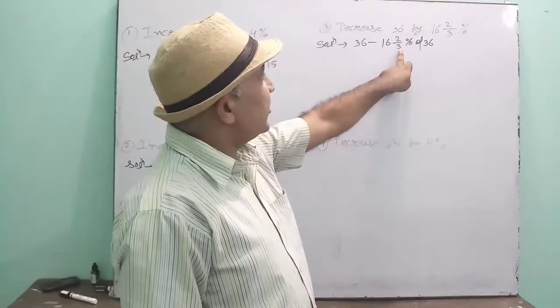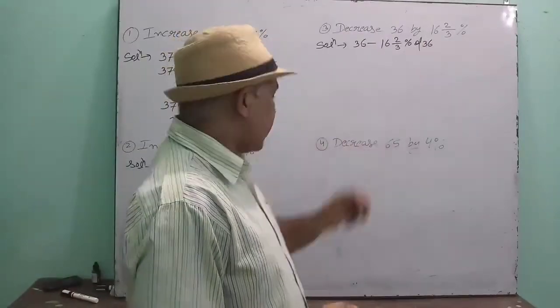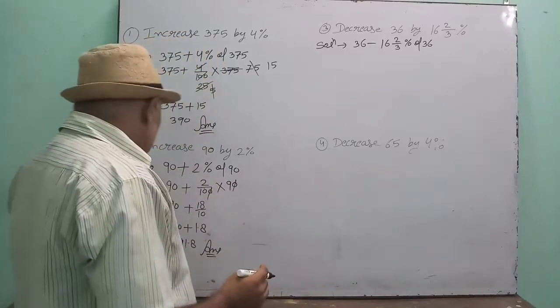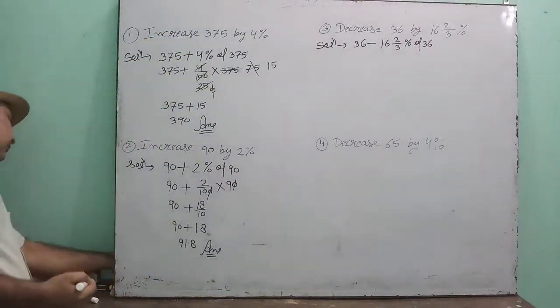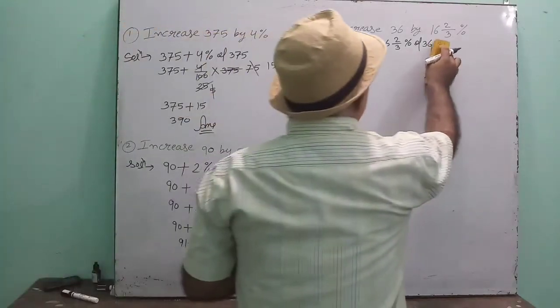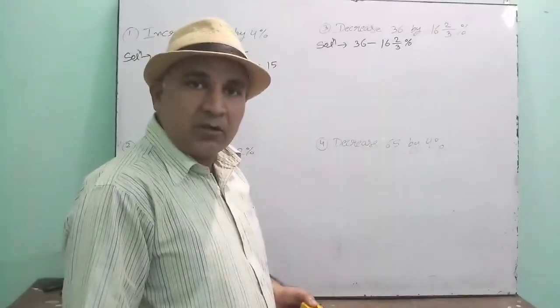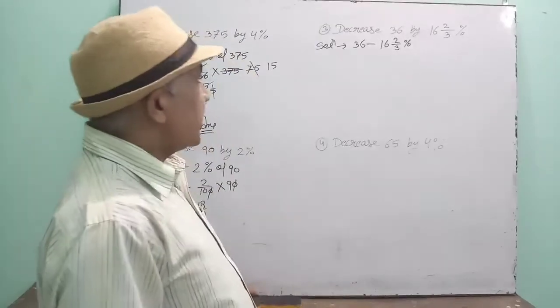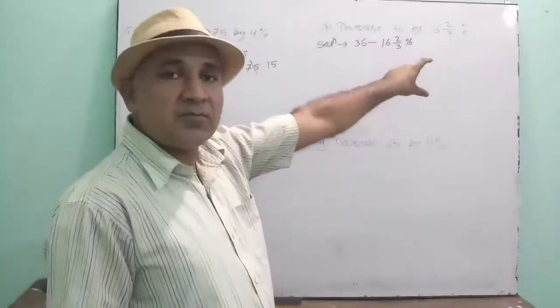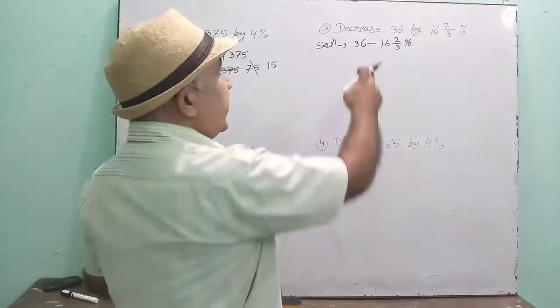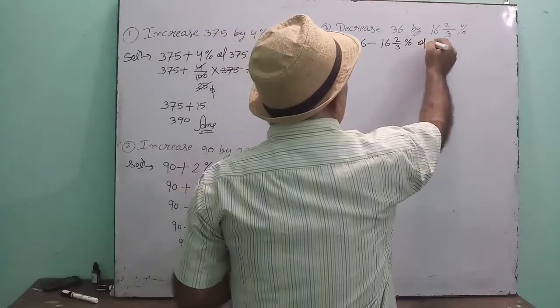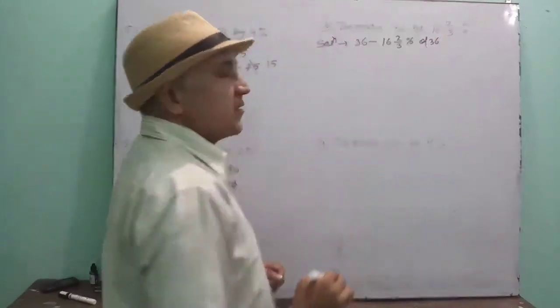You must write 16 2/3% of 36. If you do not write this, then your question and method will be wrong. Understood? Percentage is always taken from something.